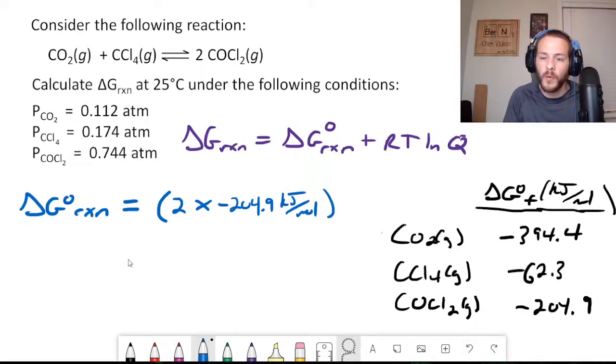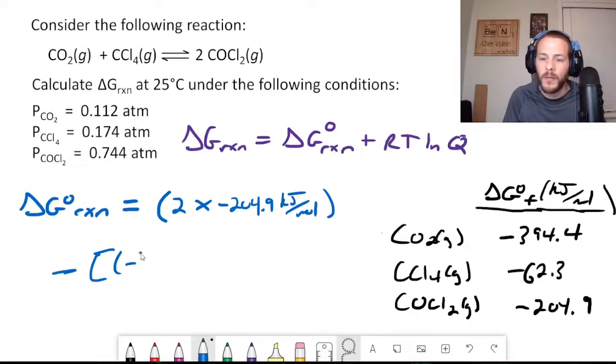Then I subtract the sum of the values for CO2 and carbon tetrachloride. Luckily, their coefficients are 1, so I can skip that step.